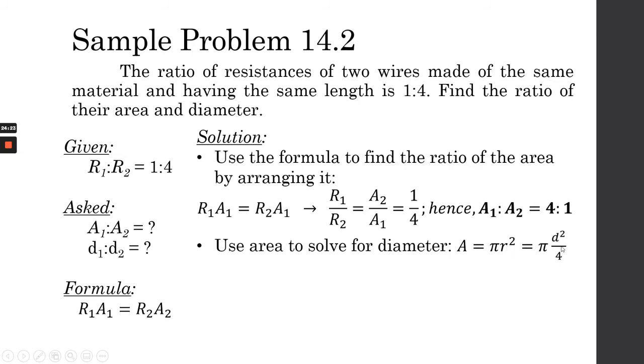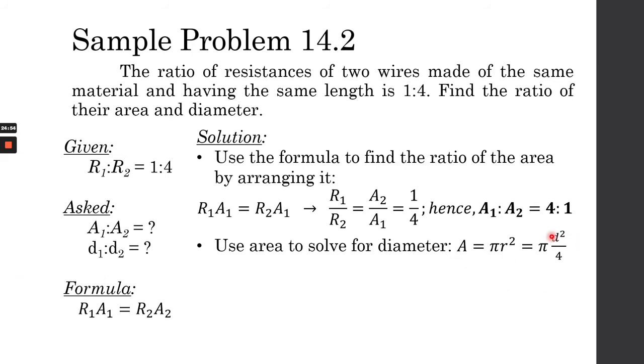So d over 2 squared will give us d squared over 4, because d over 2 is the radius. So pi r squared, to change it to diameter, is basically pi d squared over 4, because d over 2 is r, and d over 2 squared, both numerator and denominator, you'll get d squared over 4.